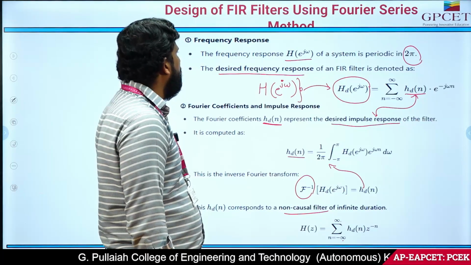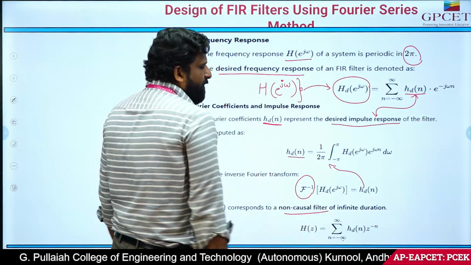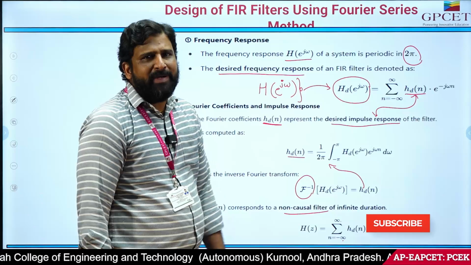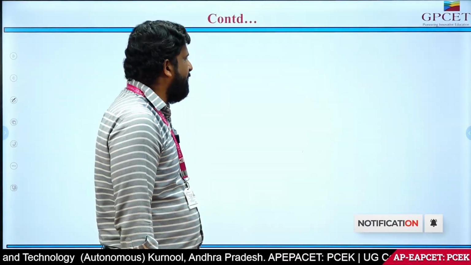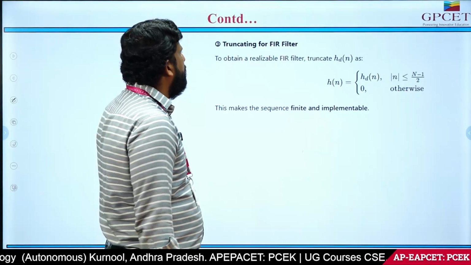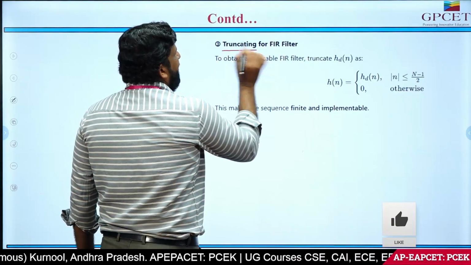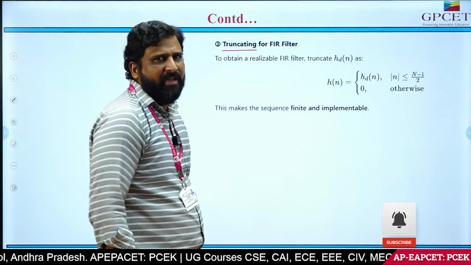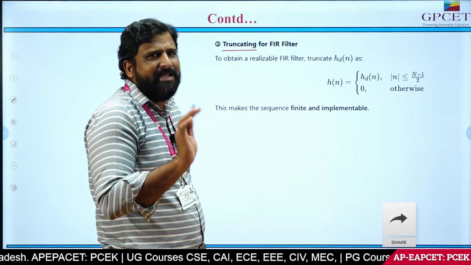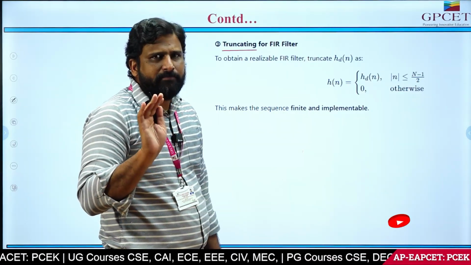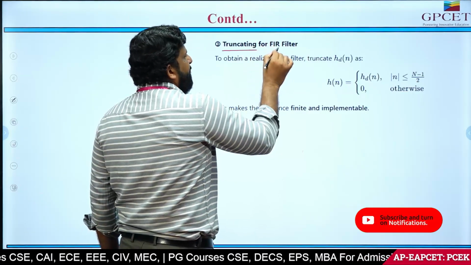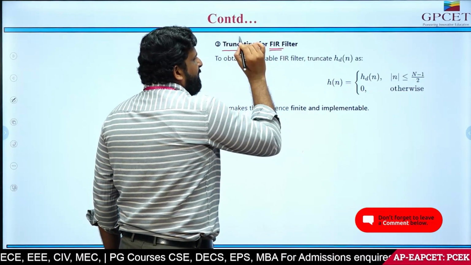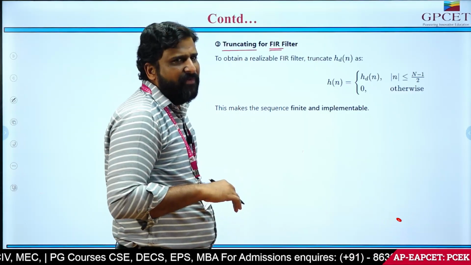So what we need to do: it is of infinite duration, but we are dealing with finite impulse responses, so the infinite response should be converted into a finite impulse response. For that, we do truncation for the FIR filter. In the previous equation, it is non-causal with infinite duration, but we are dealing with the FIR filter, so that equation will be truncated.